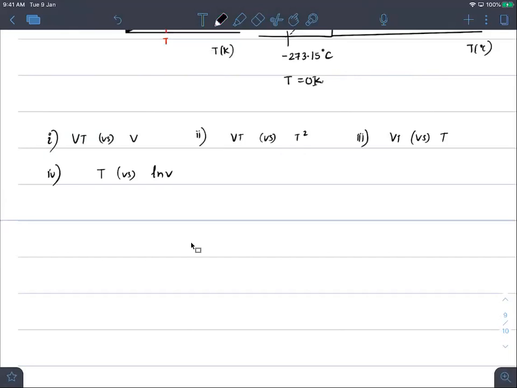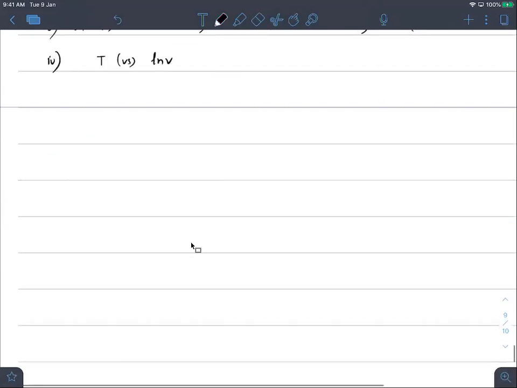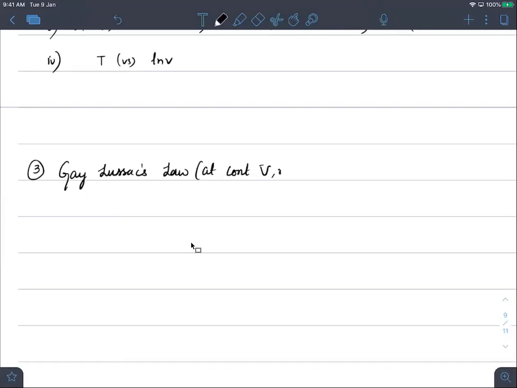Yes, students. Now, questions that would come from this area would be about how the pressure is related to one another, and how the temperature is related to one another. The third law is Gay-Lussac's law. This is at constant volume and number of moles.